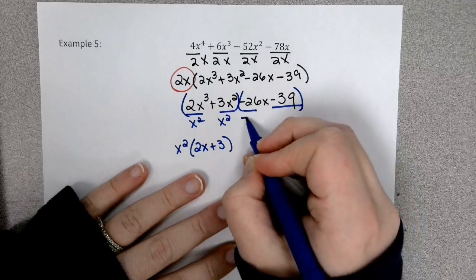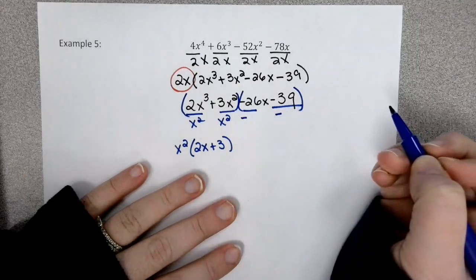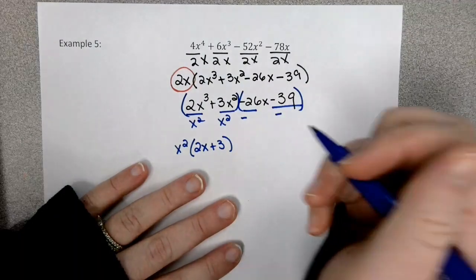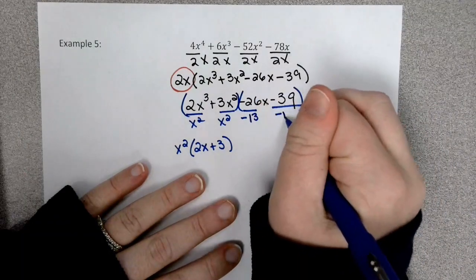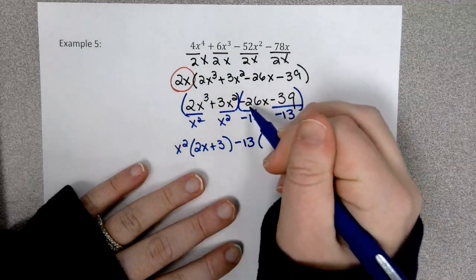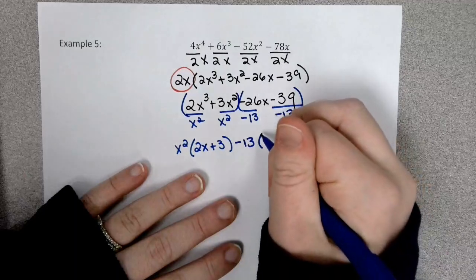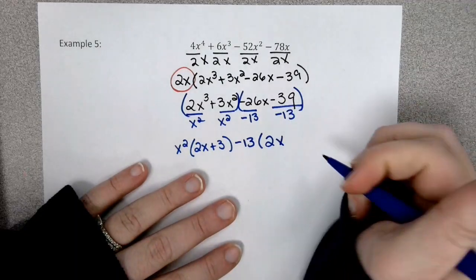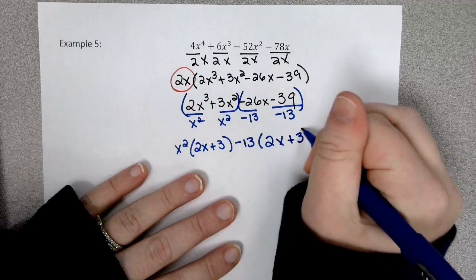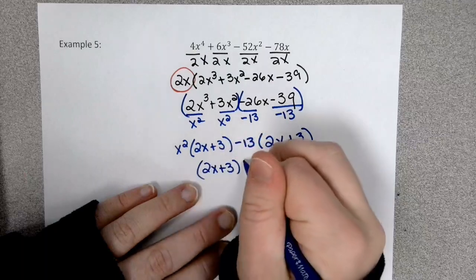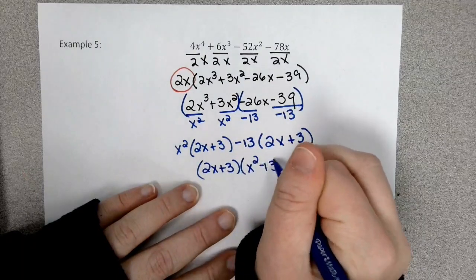Because I have a negative leading here, negative is definitely coming out. 26 and negative 39, I can pull a 13 out of both of those, so negative 13 is coming out, but no x's. Negative 26 divided by negative 13 gets me 2x, and negative 39 divided by negative 13 gets me a positive 3. 2x plus 3, x squared minus 13.